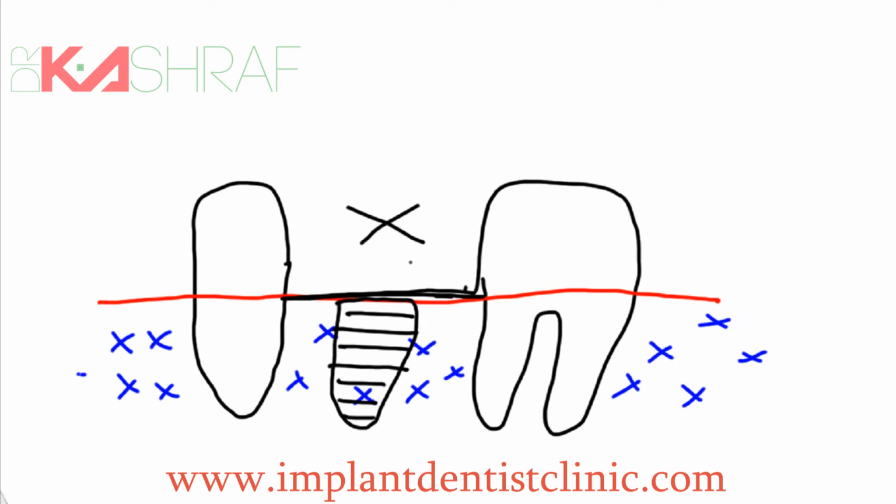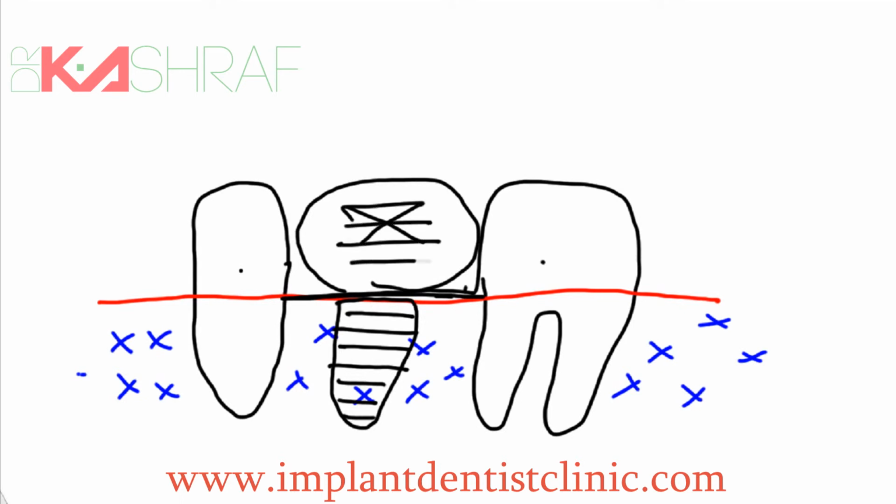So it actually preserves the height of the bone. And in addition to that, it's preserving the strength of the adjacent teeth as well. So once the implant is healed, a tooth can be placed on top of the implant. And once the tooth is placed on top, it is pretty much like a whole brand new tooth.